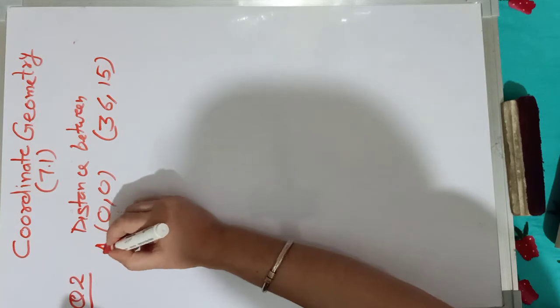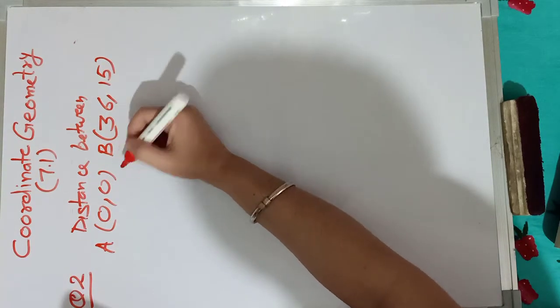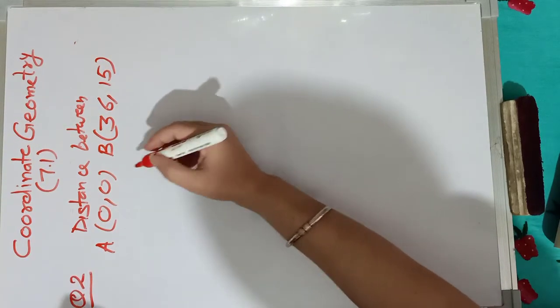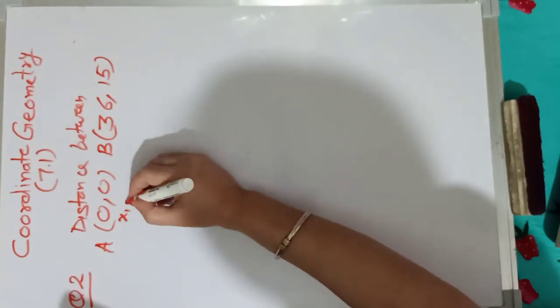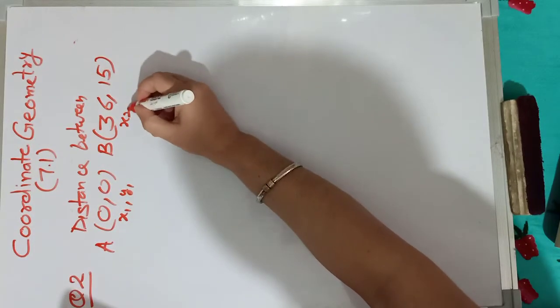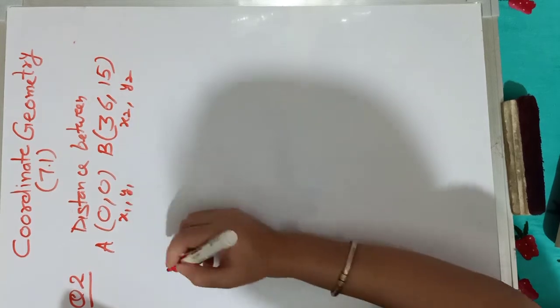Let this point be A and let this point be B. Mark their coordinates as x1, y1, x2, y2.